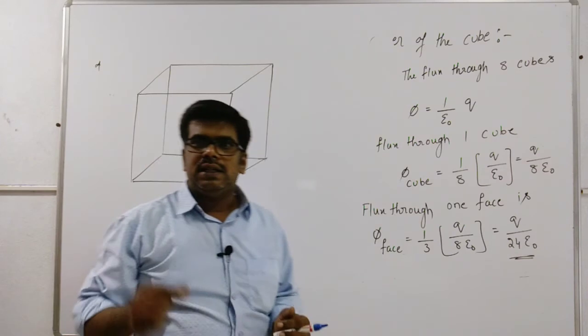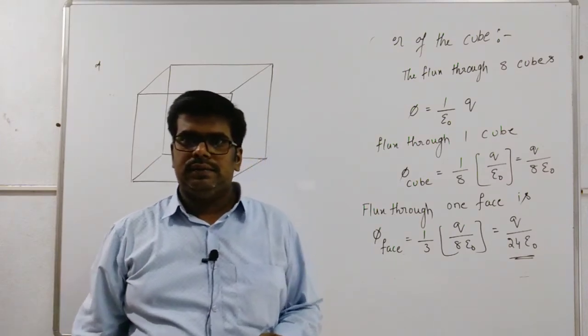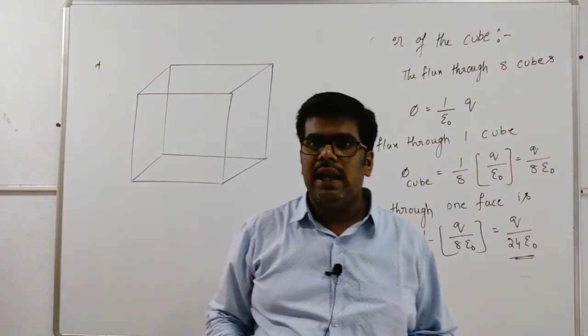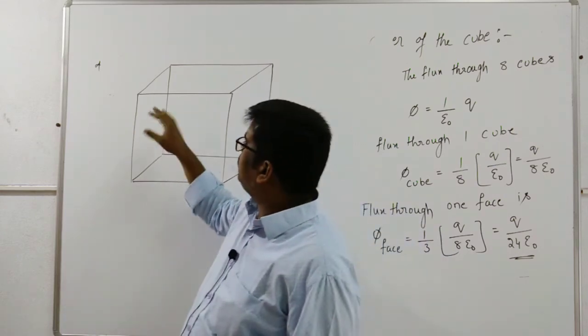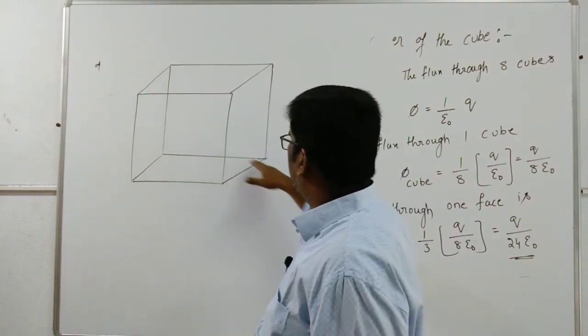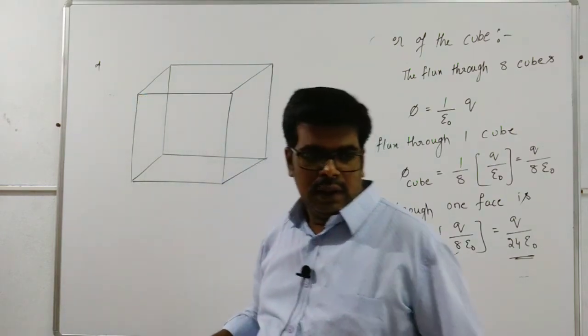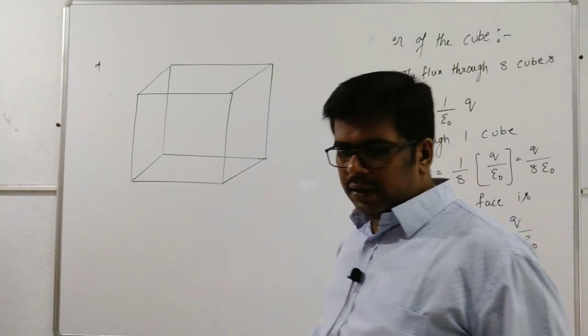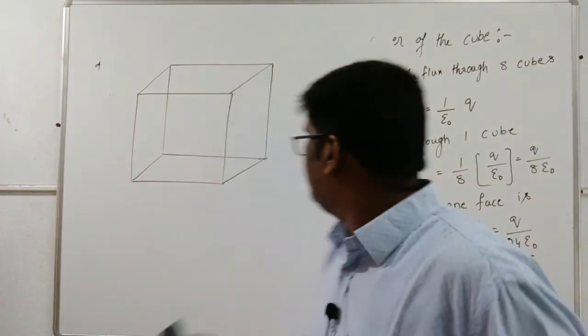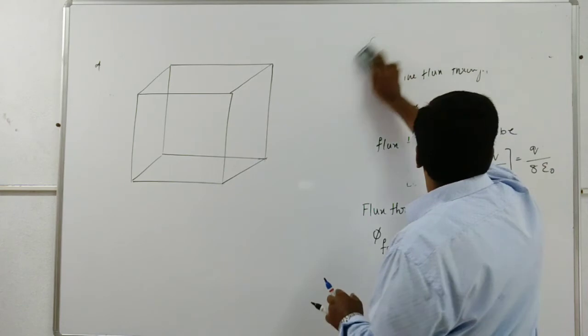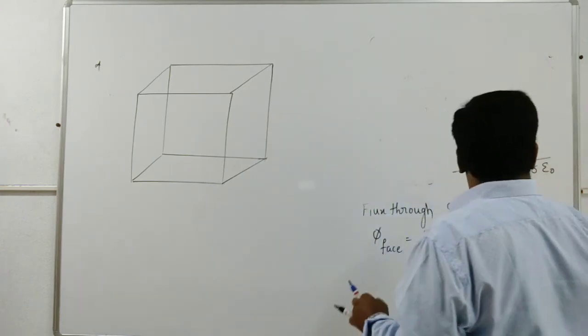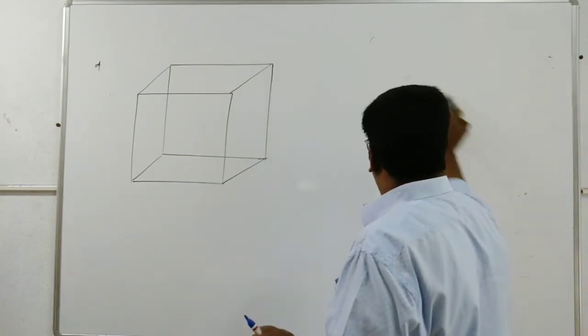A thin charged conducting wire having linear charge density lambda is passing from one corner to the other corner. So we have a cube like this. In this cube we placed a linearly charged conductor.